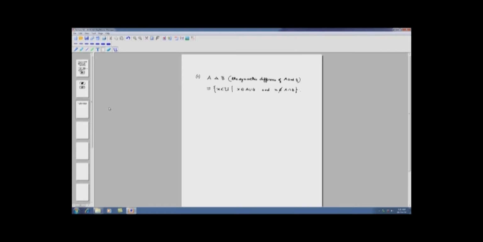Now, let us take the help of the Venn diagram to understand this operation.